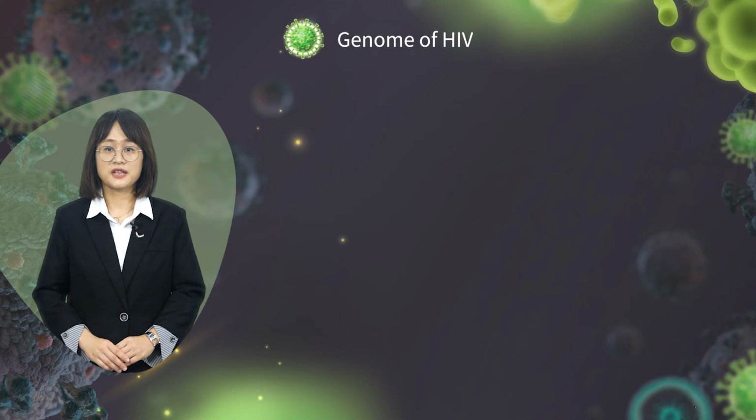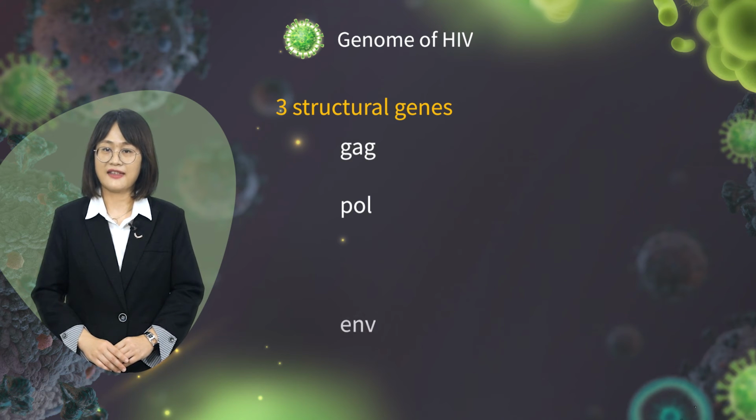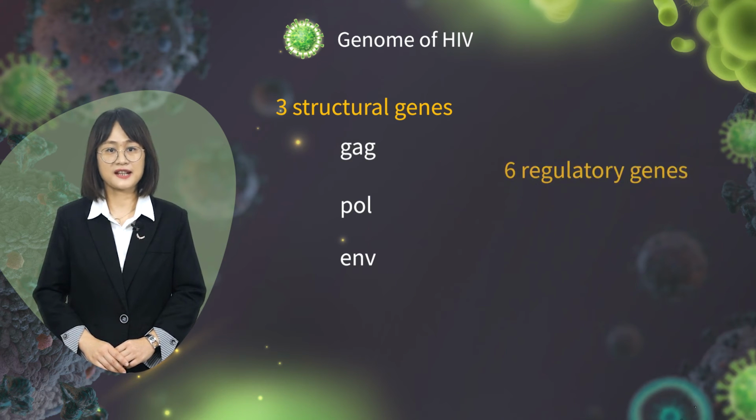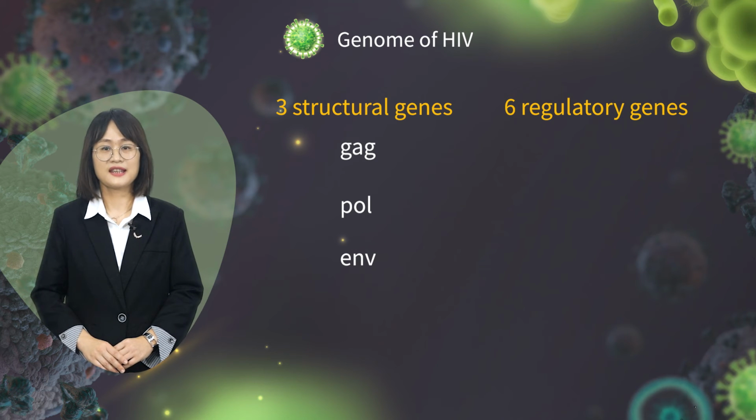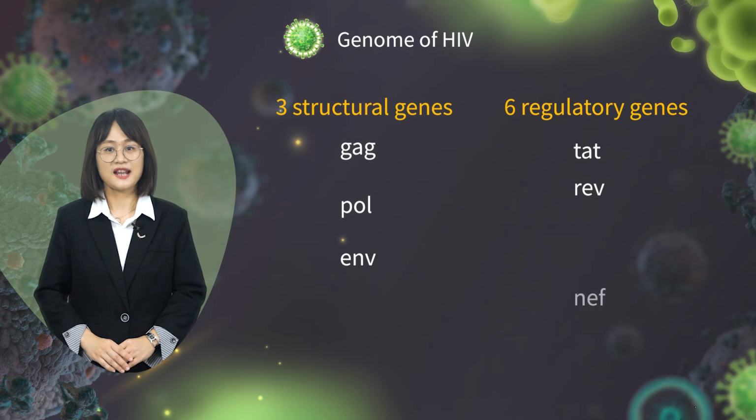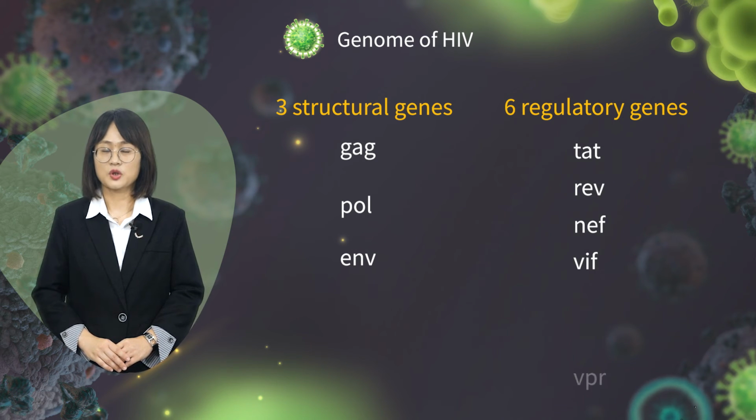Here, we take HIV type 1 as an example to learn about the viral genome. HIV type 1 carries 3 structural genes, GAG, POL, and ENV, and 6 regulatory genes, TAT, REV, NEF, VIF, VPR, and VPU.